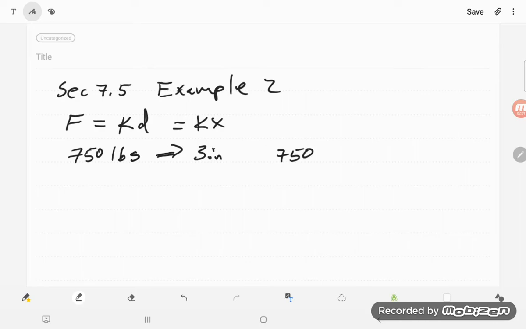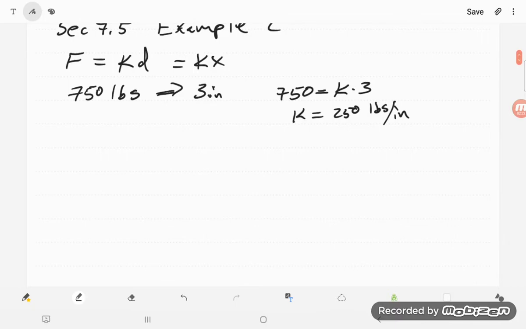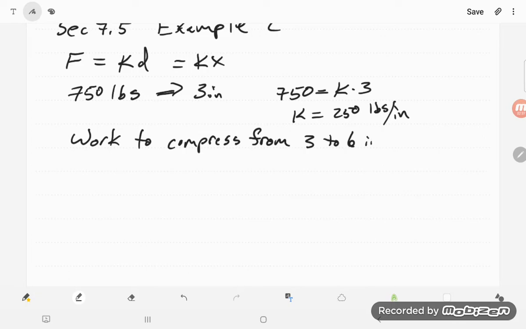But this says 750 is equal to K times 3. So K is 250 pounds per inch. And so we have our K. Now we want to know what work is done to compress from 3 to 6 inches.